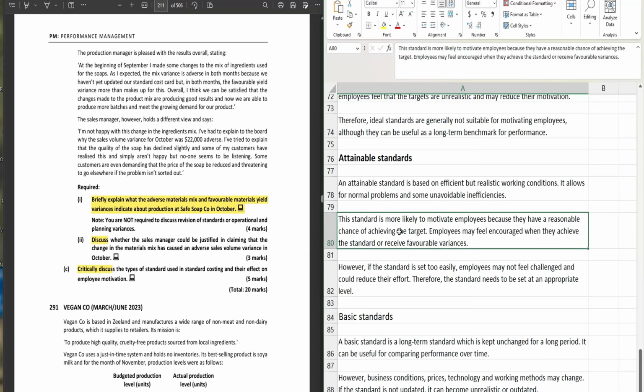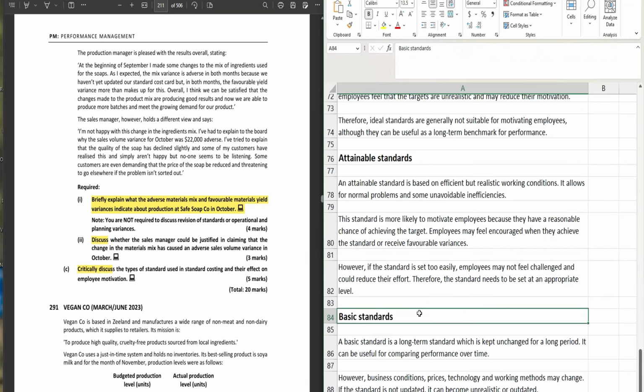Employees may feel encouraged when they achieve the standard or receive a favorable variance. However, if the standard is too easy to achieve, employees may not feel challenged. In that case, they will be demotivated and will not put in their full effort. Therefore the standard needs to be set at an appropriate level to motivate employees so that they will work hard to achieve the standard.